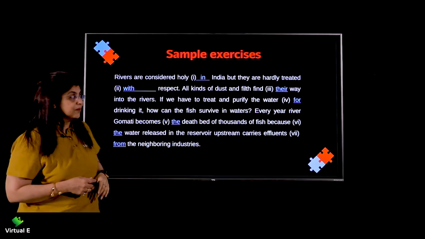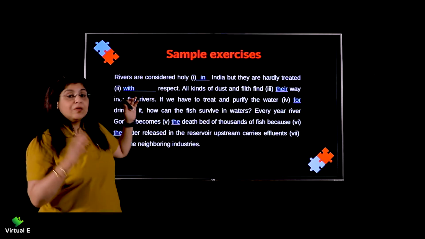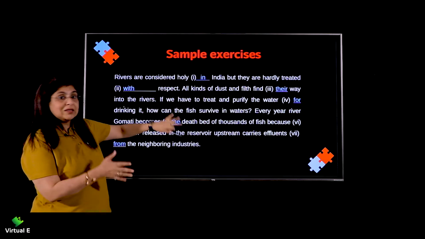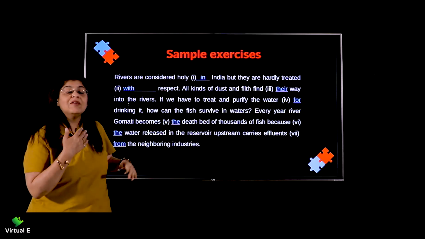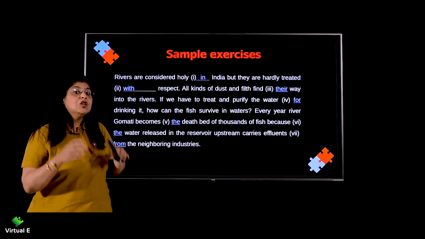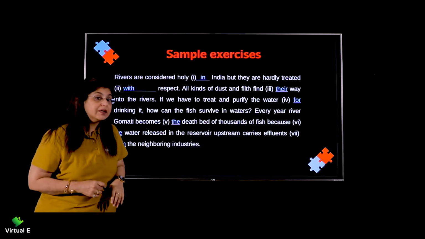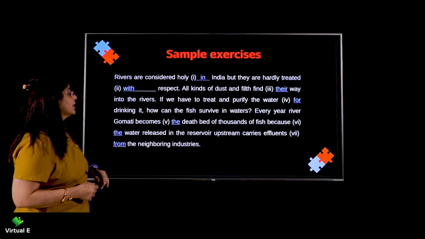So let's read this. Remember one thing, once you have answered the question, you have to read that entire paragraph to ensure that you have done it correctly. So this is counter checking.